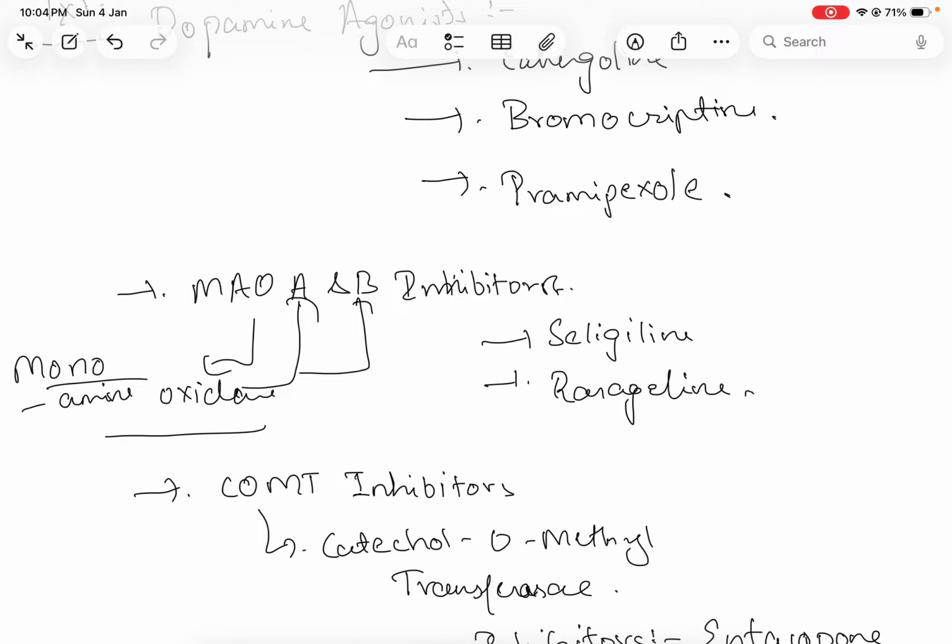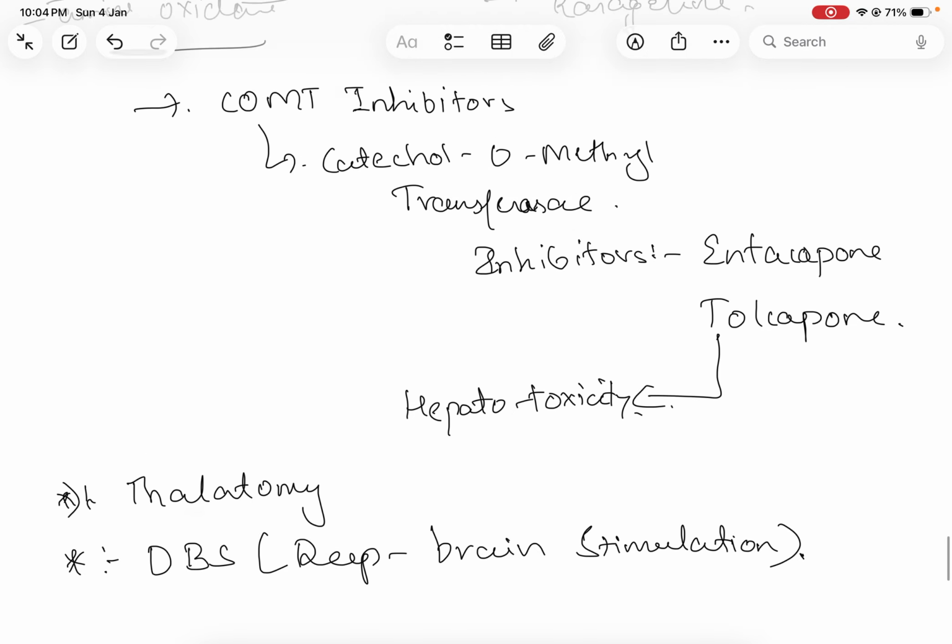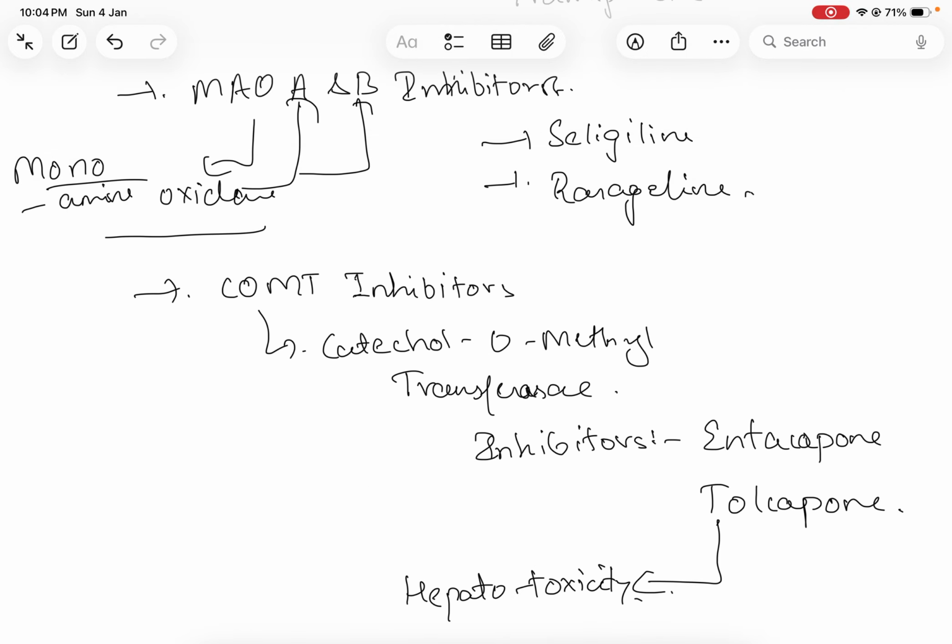And the second one is selegiline, where the examples are selegiline and rasagiline. And the third one is COMT inhibitors, which are catechol O-methyltransferase inhibitors. It is one of the major enzymes usually present in the basal ganglia, which helps in the degeneration of dopamine.